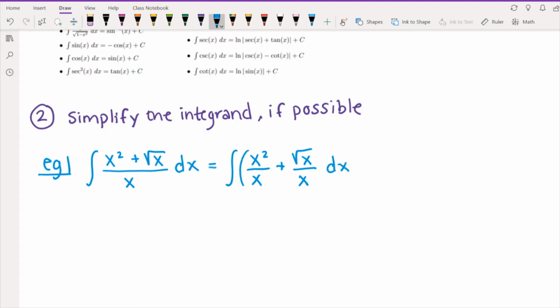And then you could simplify each of those. So that would be the integral of x plus, so here we would have x to the 1/2 divided by x to the 1. So that's going to be x to the negative 1/2. And then from there, you can just use the reverse power rule.